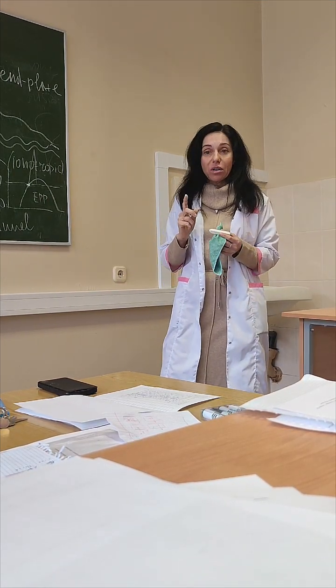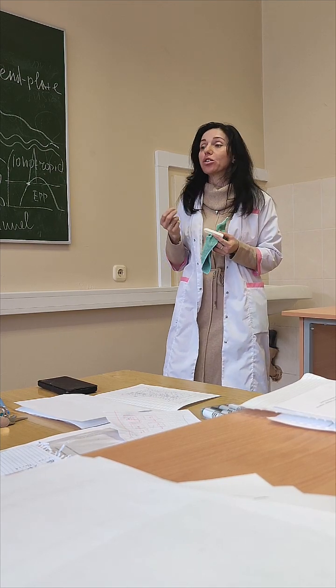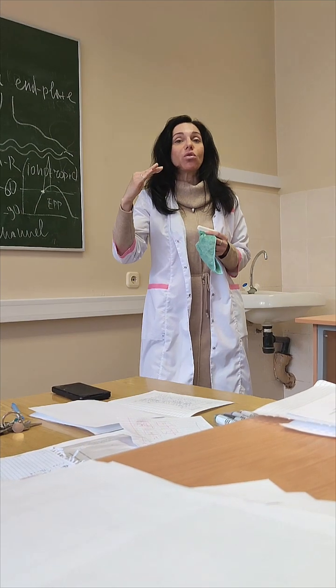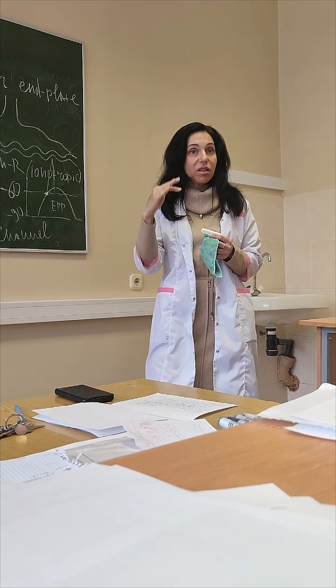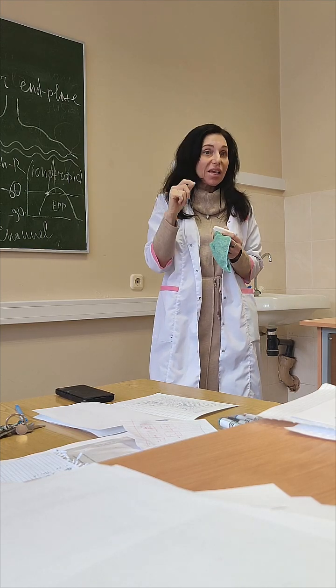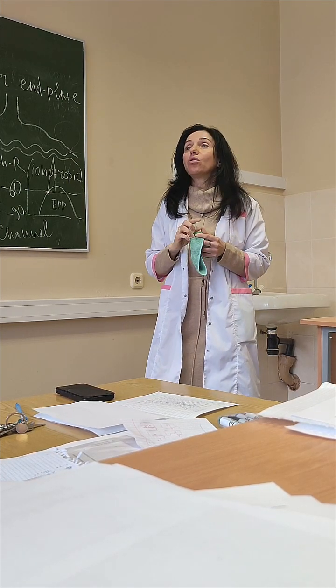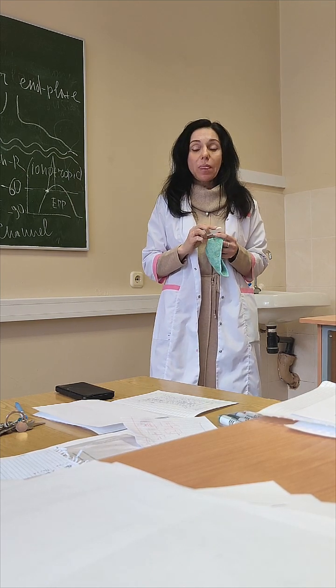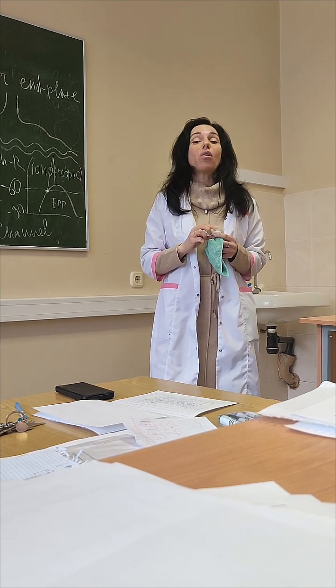For your homework, your self-education on synapses, here is what you must know more. Types of neurotransmitters: amines, amino acids, principal types. Neurotransmitters and synaptic modulation and metabotropic receptors.